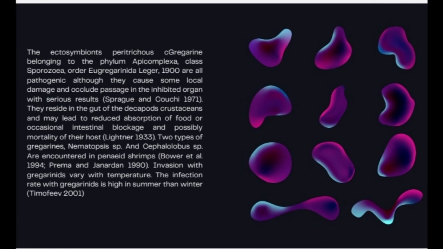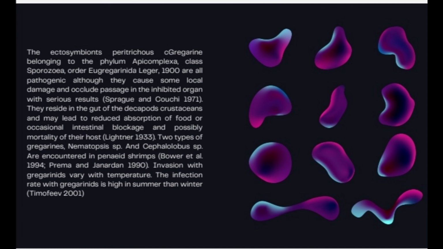The Gregarines, belonging to the phylum Apicomplexa, class Protozoa, order Eugregarinida, are rarely pathogenic, although they cause some local damage and occlude passage in the inhabited organ with serious results. They reside in the gut of decapod crustaceans and may lead to reduced absorption of food or occasional intestinal blockage and possibly mortality of their host.